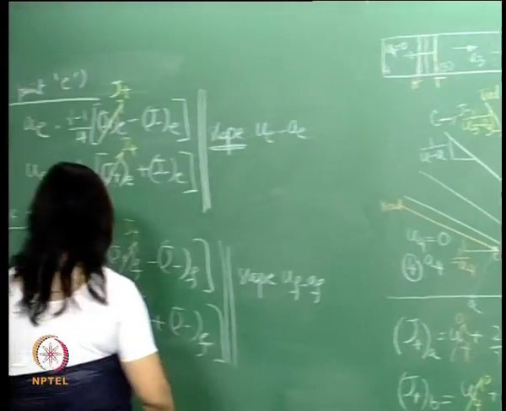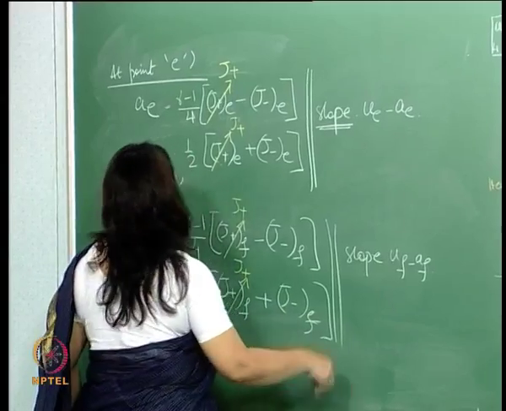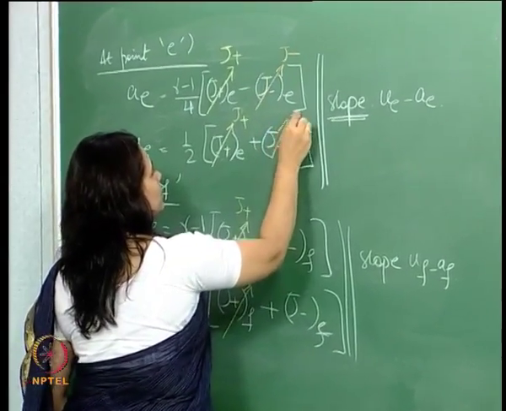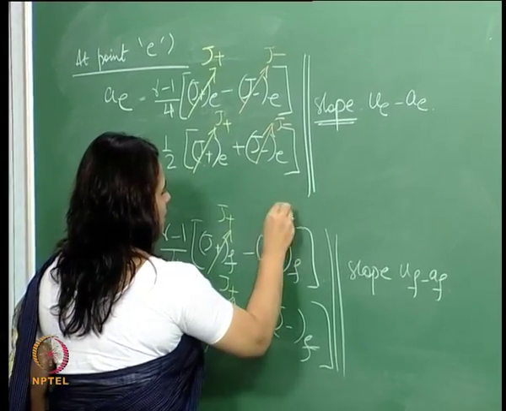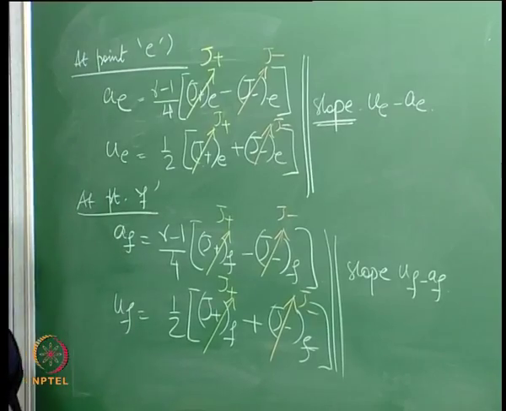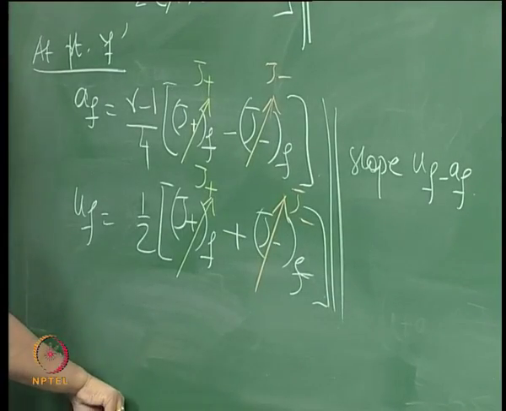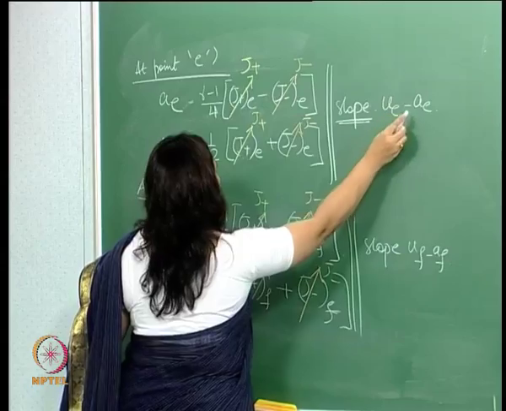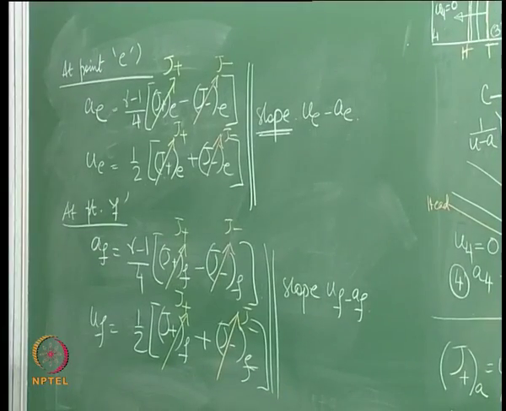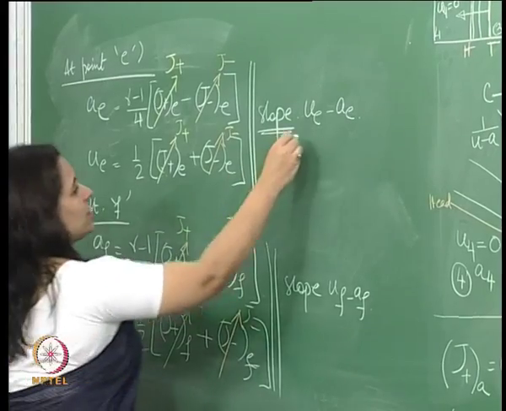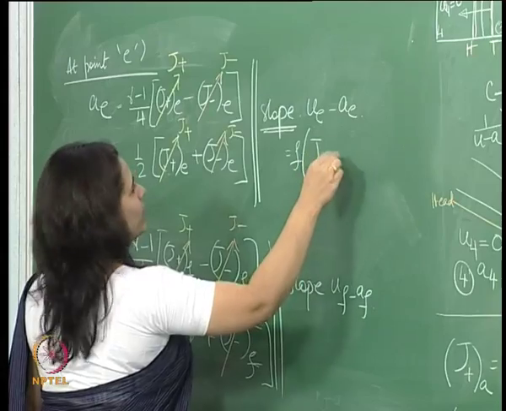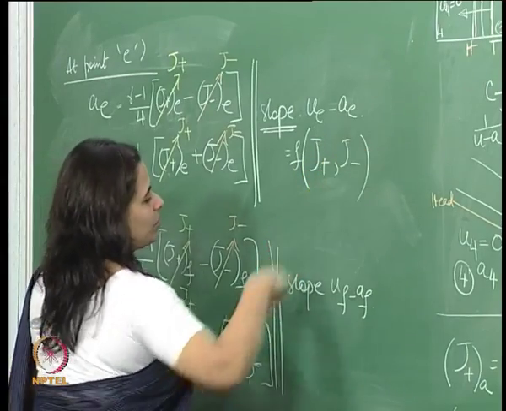So therefore, we can write this as J minus, this is also J minus, this is J minus, and this is J minus. So what happens to UE minus AE? This is essentially a function of J plus and J minus.